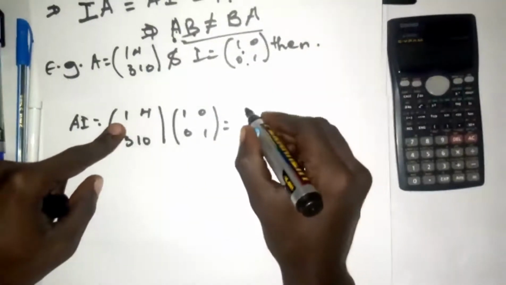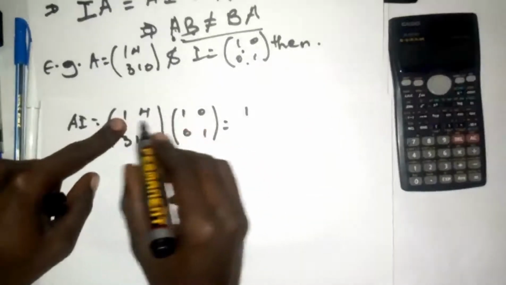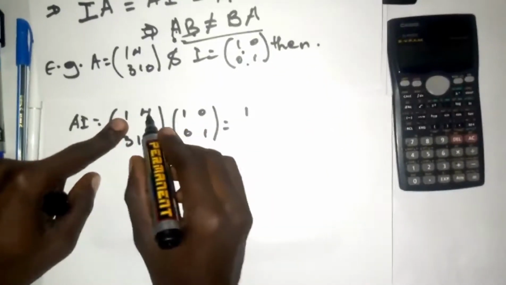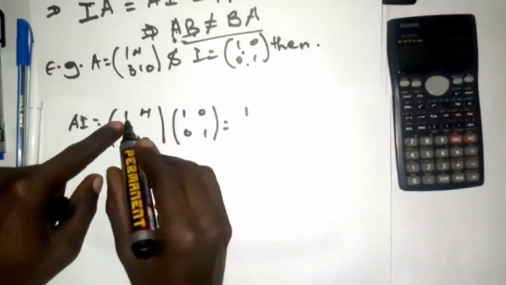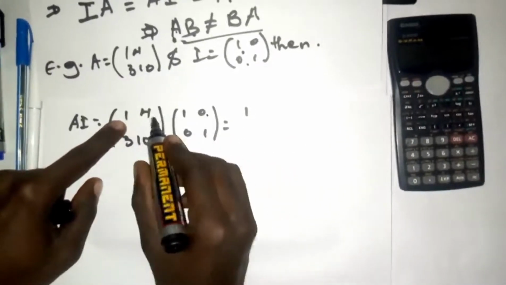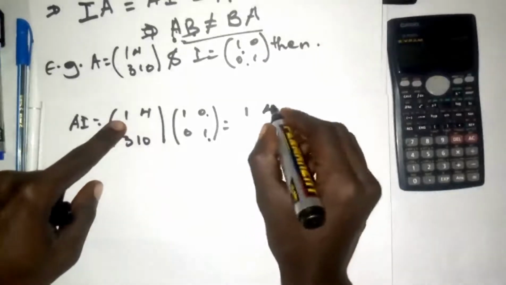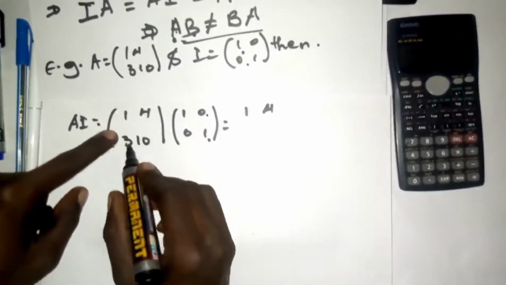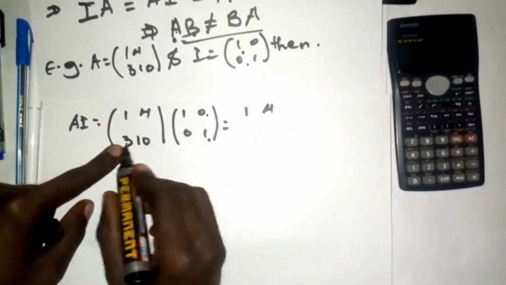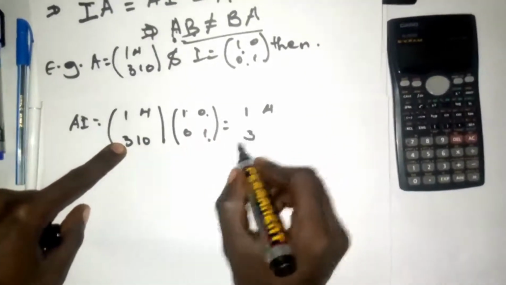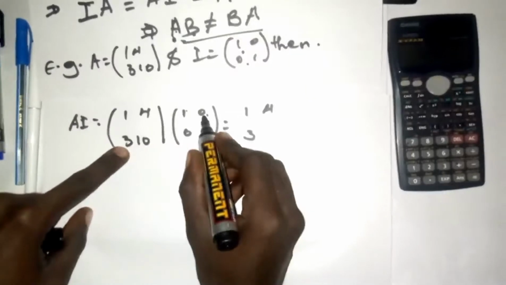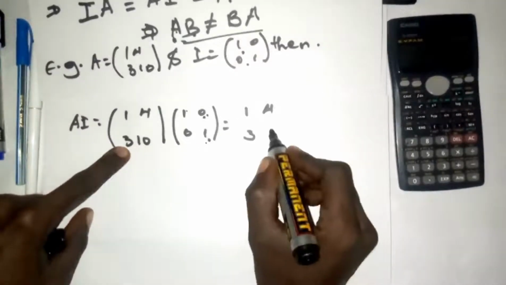So it is 1 times 1 plus 0. Then I go here, and this becomes 0 plus 4, which is 4. Then I go down, this with this: 3 plus 0, so I have a 3. Then 0 plus 10, which is 10.